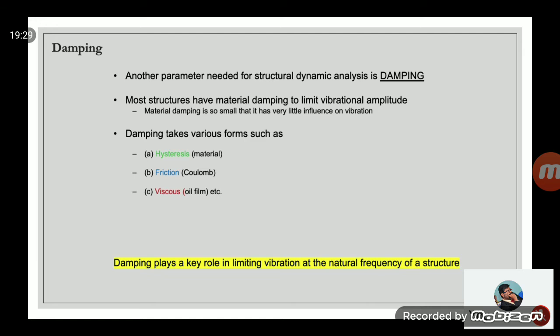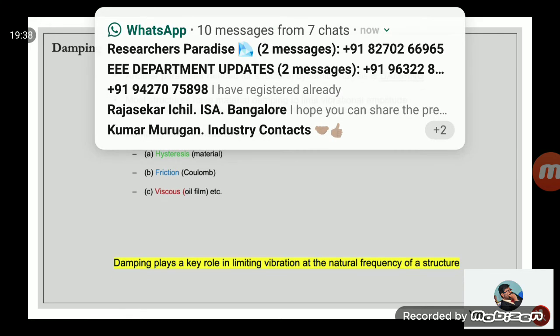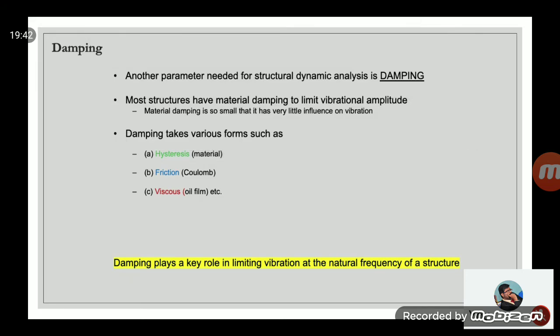And the third is viscous damping. Mainly what I'm talking about is the oil film. If you support a rotating part or a shaft on a bearing with an oil film, the oil film damping is really tremendous.